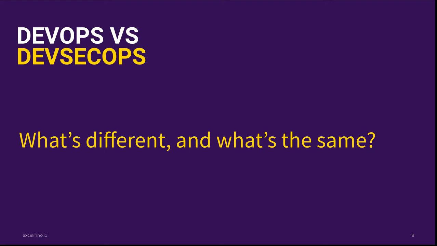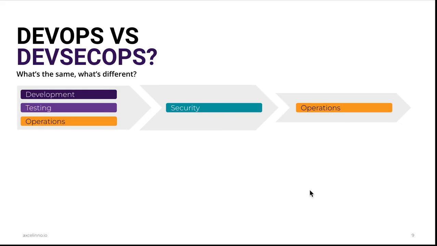Now, again, what do we normally see? Typically, when we think of our process, if we think of it in a way, is throughput. You've got development, you've got testing, you've got operations. That's DevOps. And then you end up getting to security. And then operations comes back around because that's kind of that deploy and monitor, things like that.